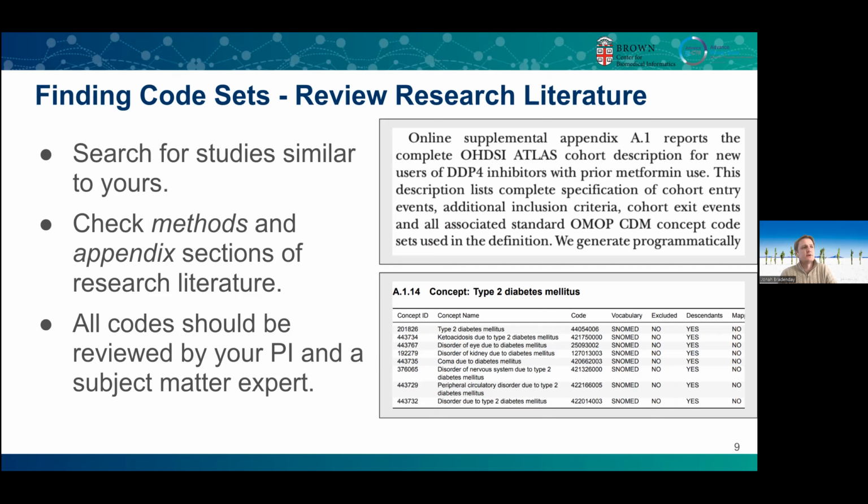In fact, for our example that we're drawing from today, it comes from a BMJ article that contains just that. It has a description of every single bit of logic they used, as well as a complete list of all the codes that the project used throughout the course of their study.